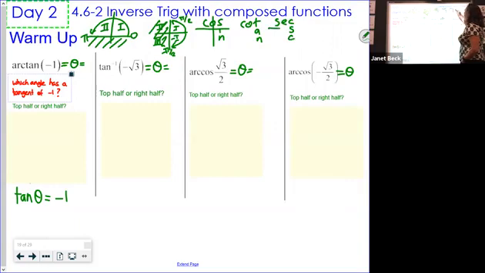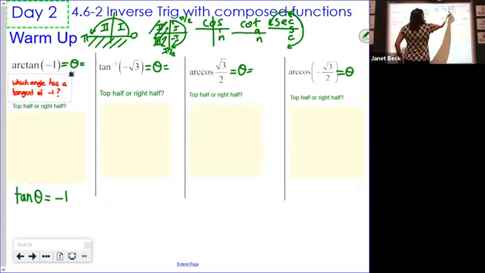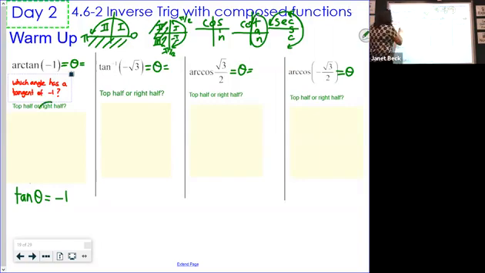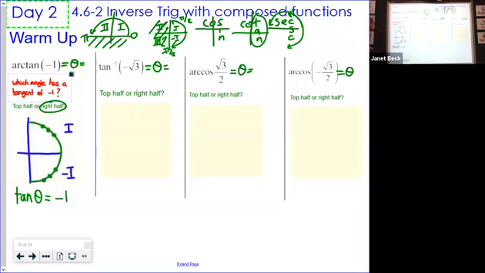Secant is between 0 and pi, and cosecant is from -pi over 2 to +pi over 2, the right half. Okay, so when we're looking for the angle whose tangent is -1, tangent is in the right half. So we're looking for an angle in quadrant 1, or the reflection of quadrant 1 down to quadrant 4.